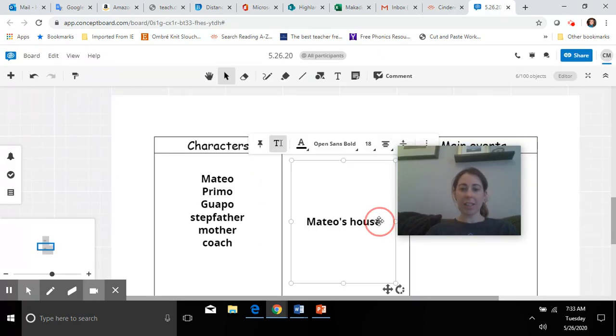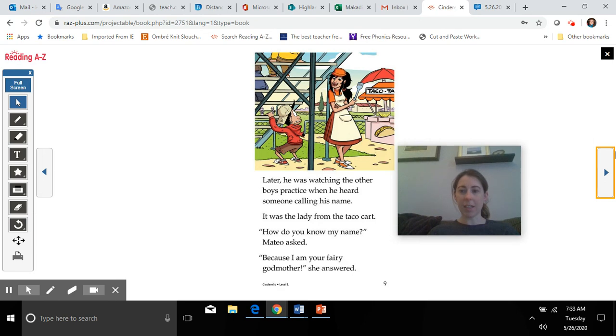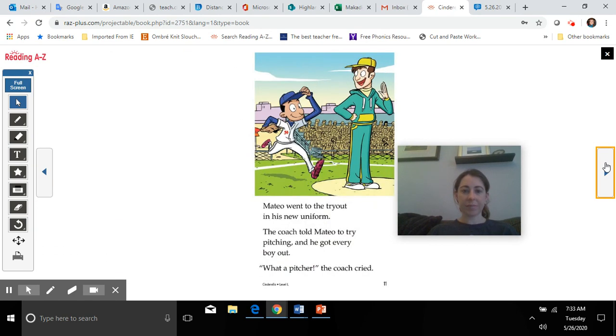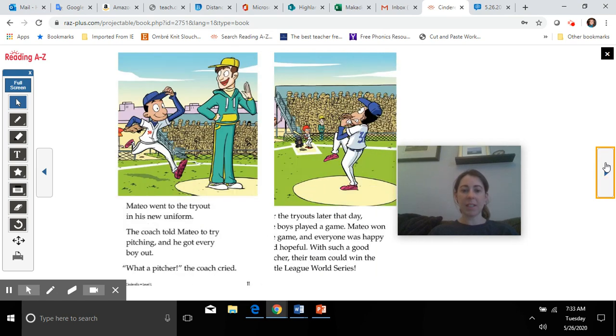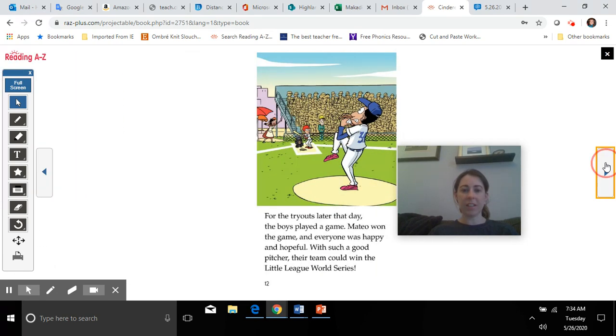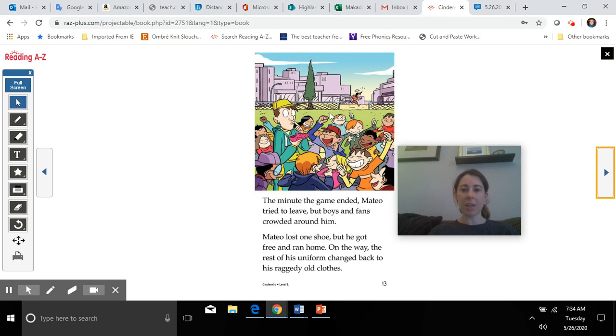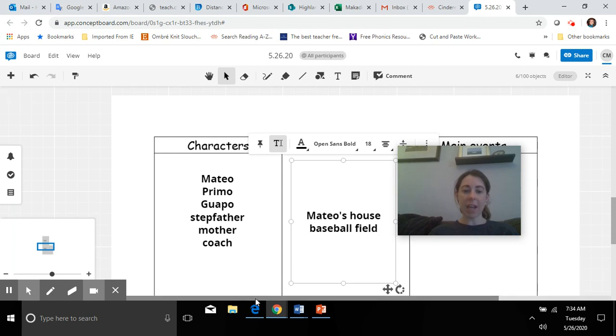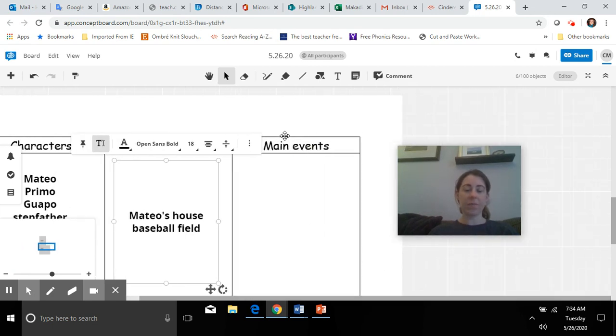So we're going to put that here. Let's see if there's any other settings in the story. Okay, still at the baseball field. I can tell by looking at the pictures where he is. And then he's back at his house. So it looks like those are two settings in this story, the baseball field and Mateo's house.